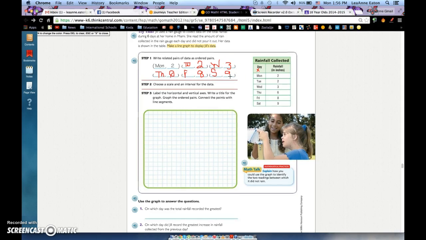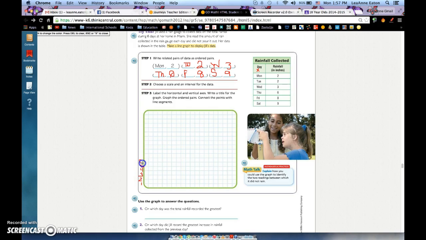Okay, so we're going to look at choosing a scale. All right, and our numbers are ranging between 2 and 9. So when there's this little bit of a range, it's best to go ahead and count by 1. So we can count by 1, 2, 3, 4, 5.